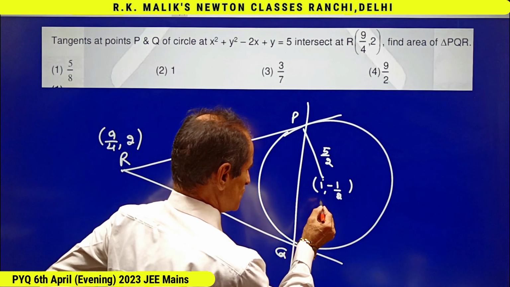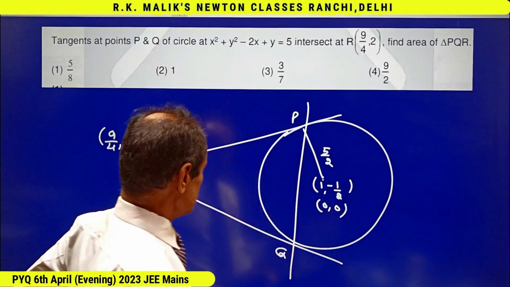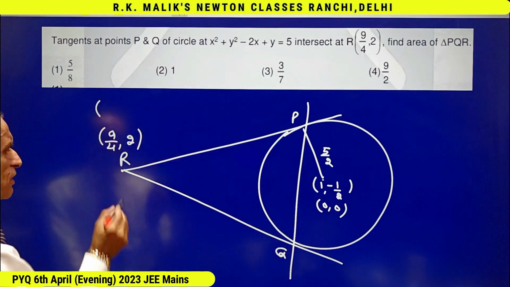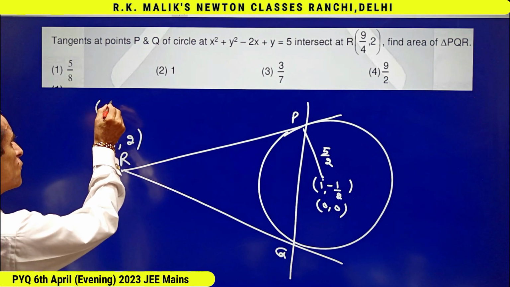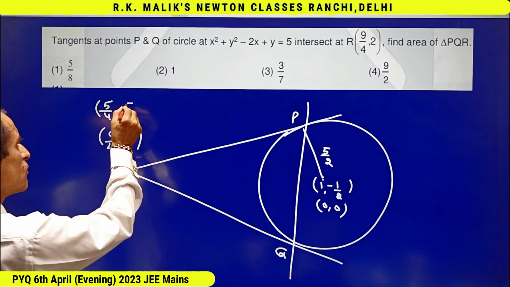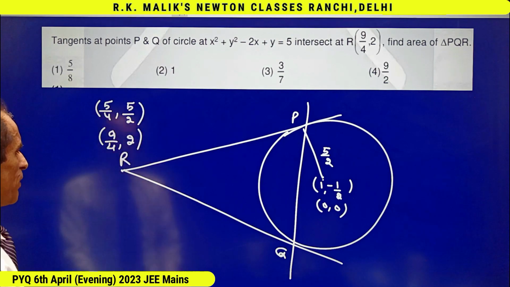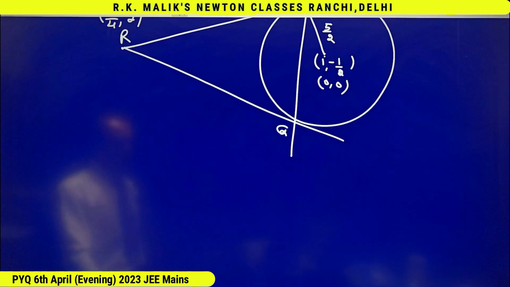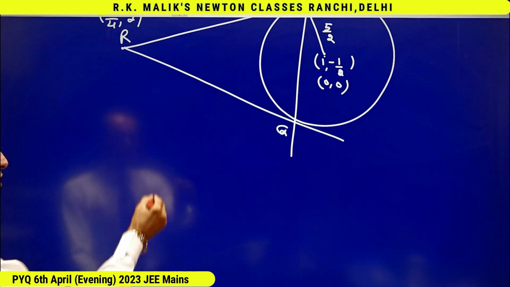By doing this, this becomes the point (0, 0). This becomes the point (5/4, 5/2).